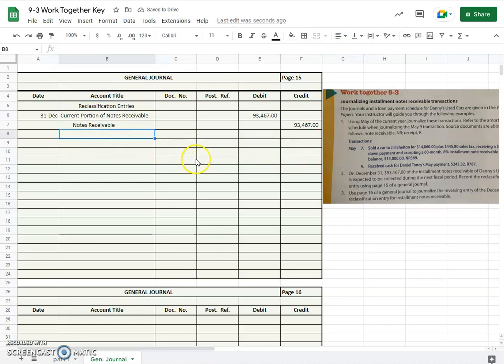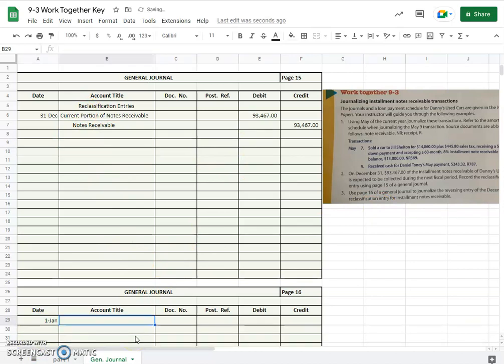Now what does part 3 say? Using page 16 of the general journal, journalize the reversing entry for the reclassification entry. So, same thing, we just reverse it out now on January 1st. Our financial statements are done now, so we're going to have reversing entries to put this back the way it was.